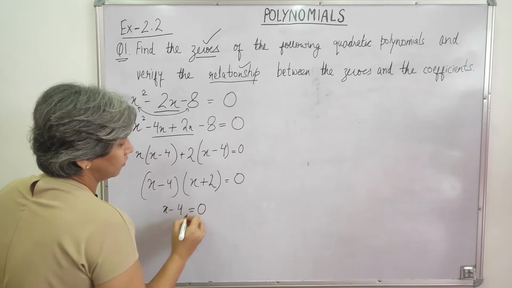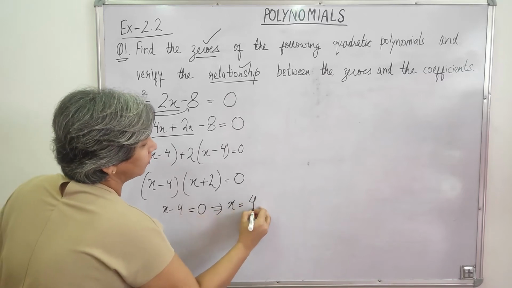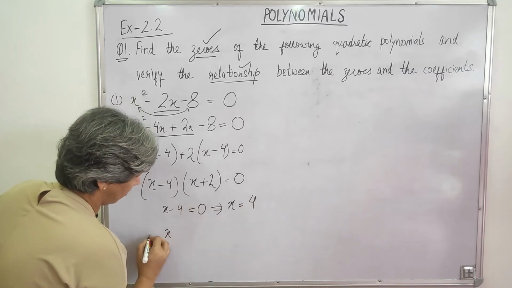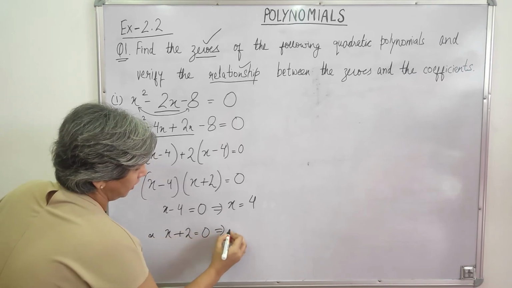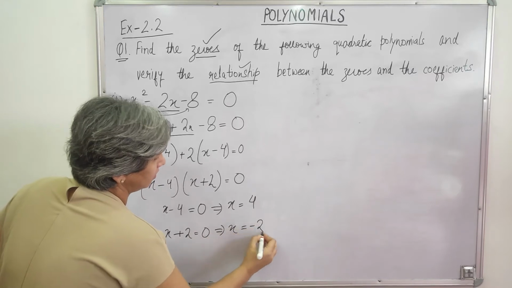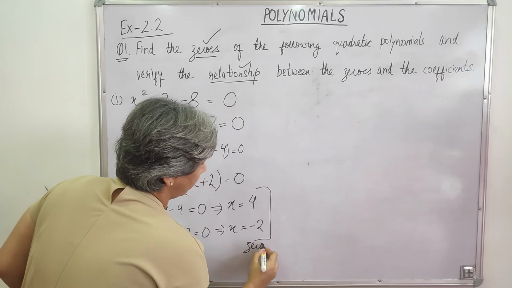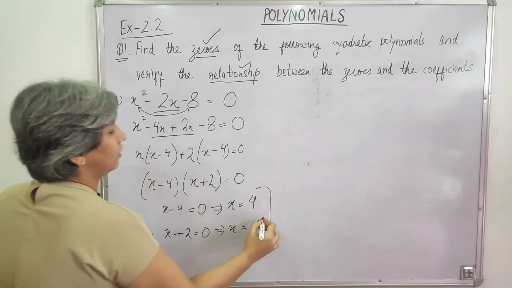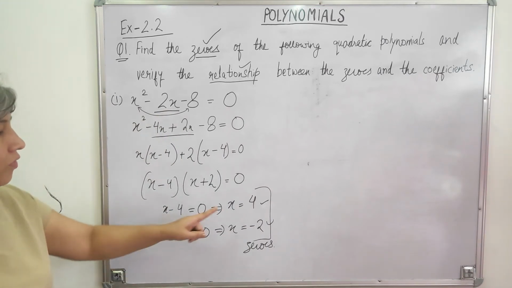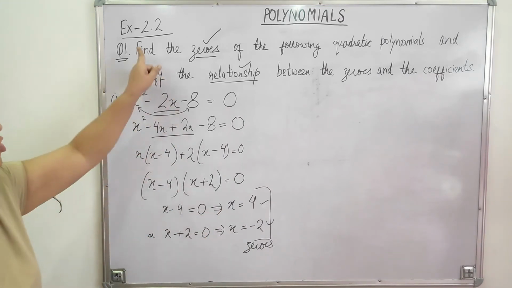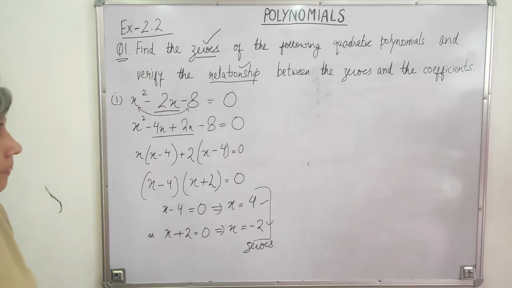If my x minus 4 is equal to 0, then x will be 4. And if my x plus 2 is 0, that will give me x as minus 2. So these are the zeros of my polynomial given, right? 4 and minus 2 are the zeros. So my first part is complete for my first question.